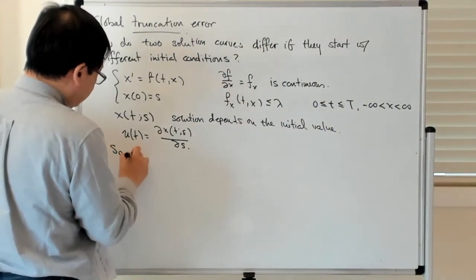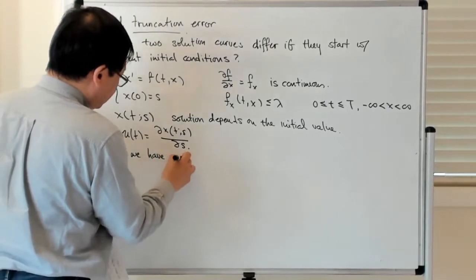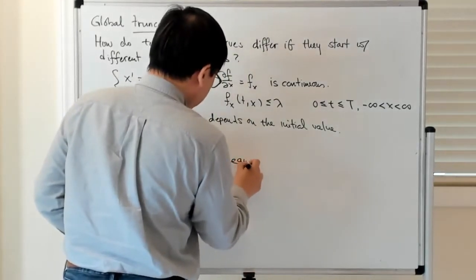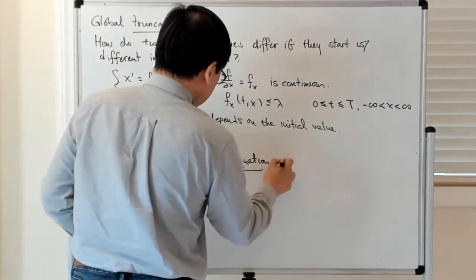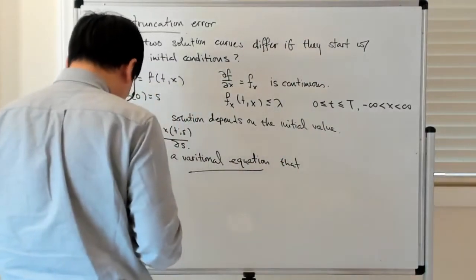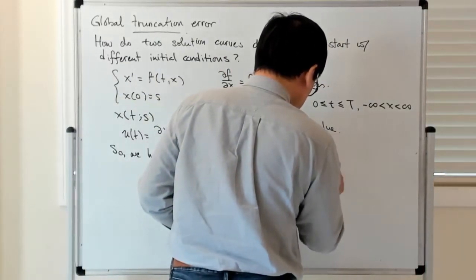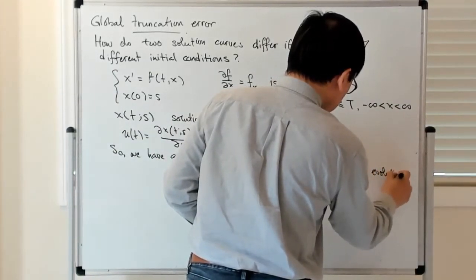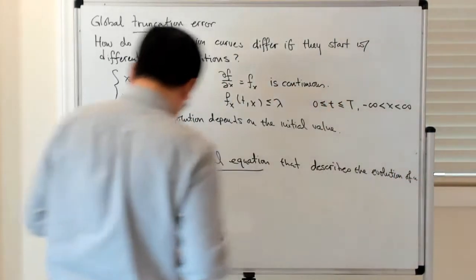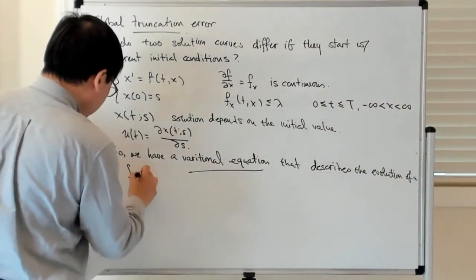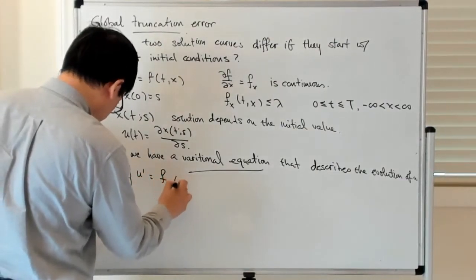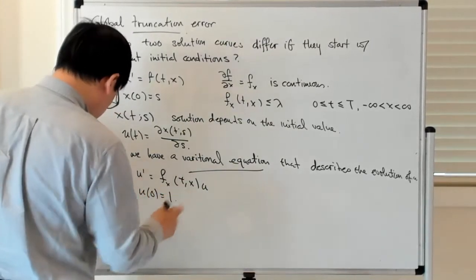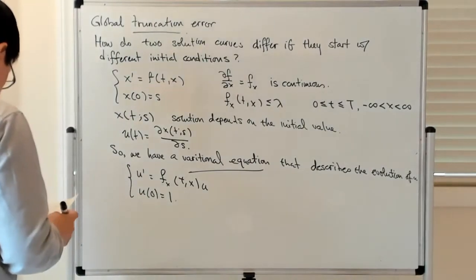So we have a variational equation that describes the evolution of u. Okay, so you can check that u prime is equal to f sub x of t, x times u, and u at 0 is 1.